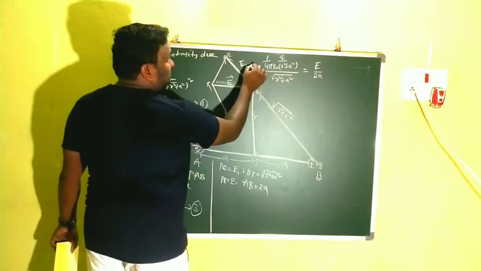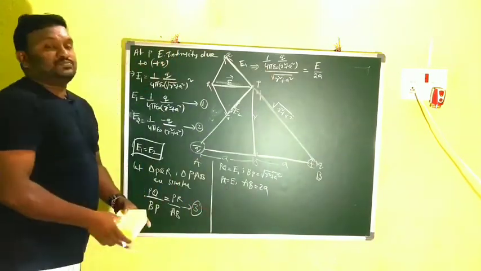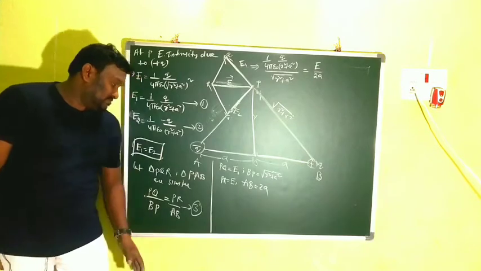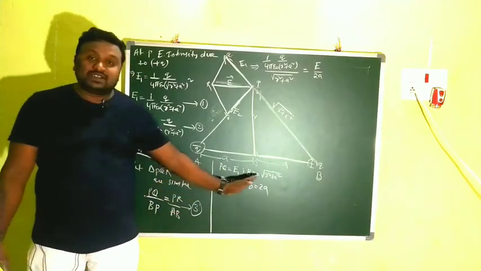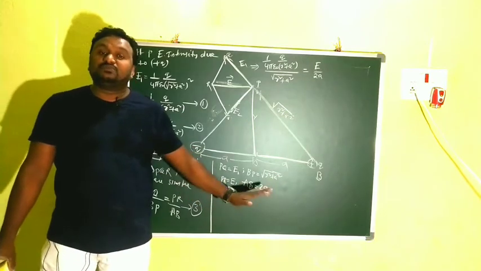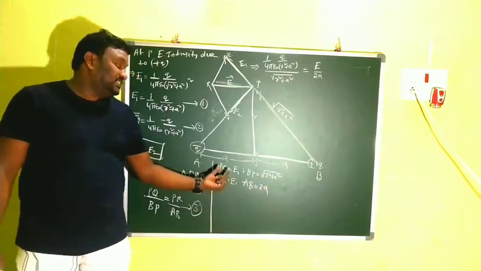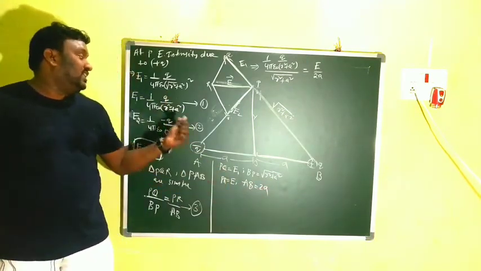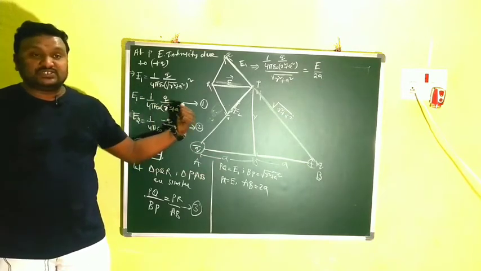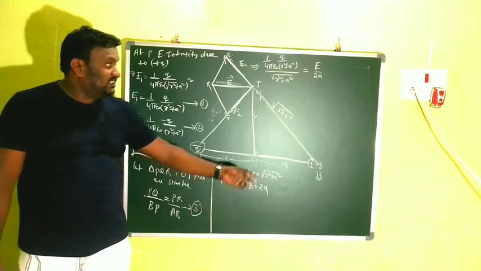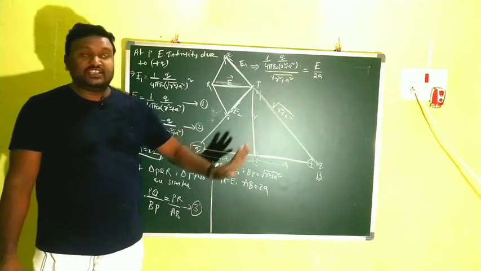Children, no need to confuse. Very simple. We have equation number 3, and in that equation we have some terms, and for the terms we have some values. PQ is E1, which is 1 by 4 pi epsilon naught Q by R square plus A square. BP is under root of R square plus A square.